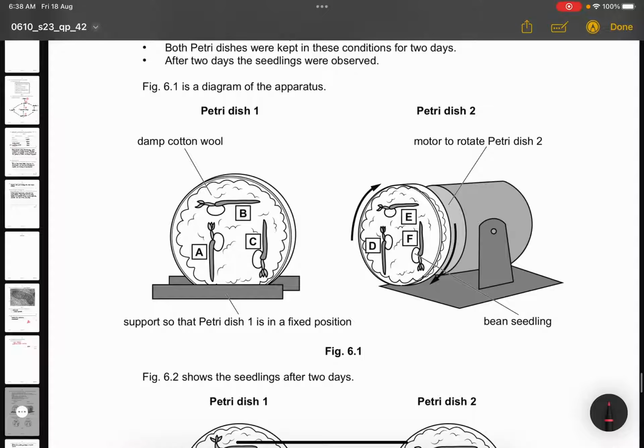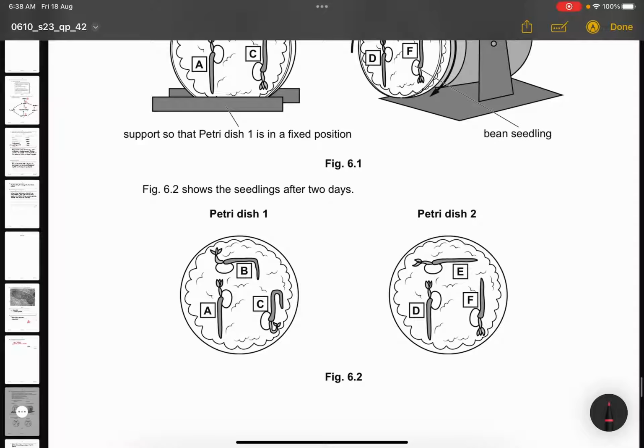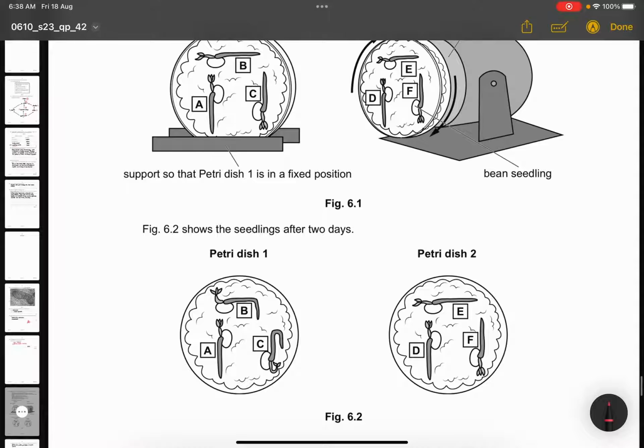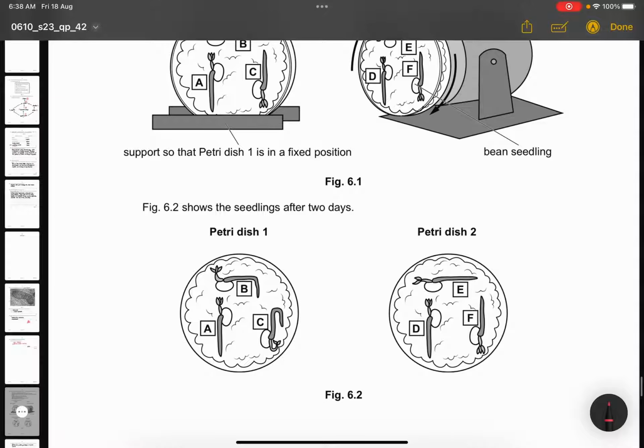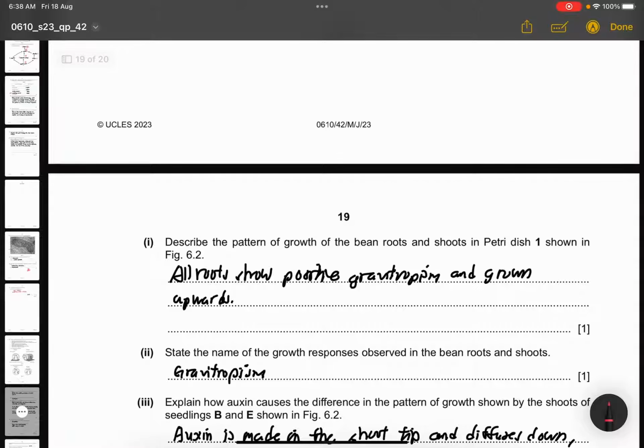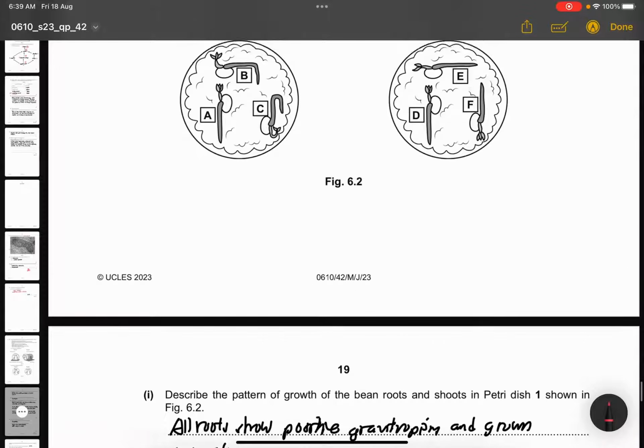So you can see that petri dish 1 has damp cotton wool but is in a fixed position. However, petri dish 2 is rotating. So after 2 days, it will look like this, where it grows in one direction, and this is not changing at all. Okay. So in part 1, describe the pattern of growth of bean roots and the shoots in petri dish 1 shown in figure 6.2.